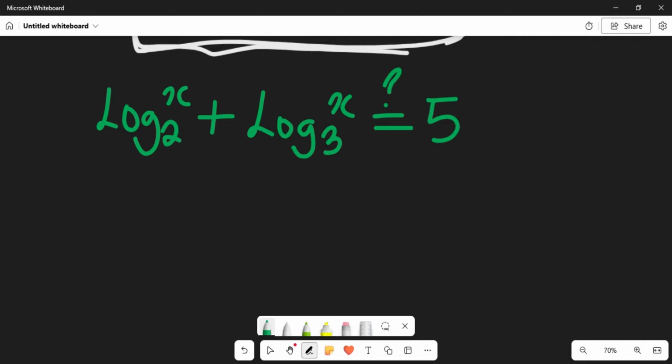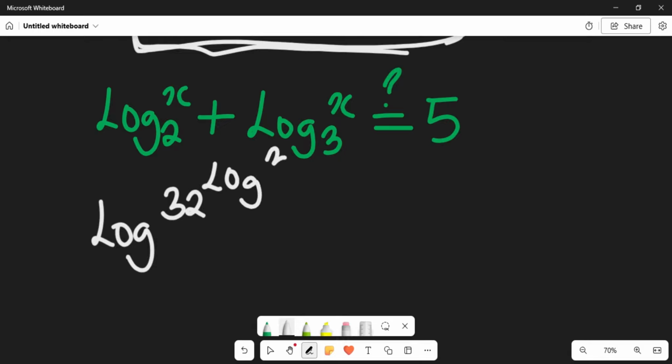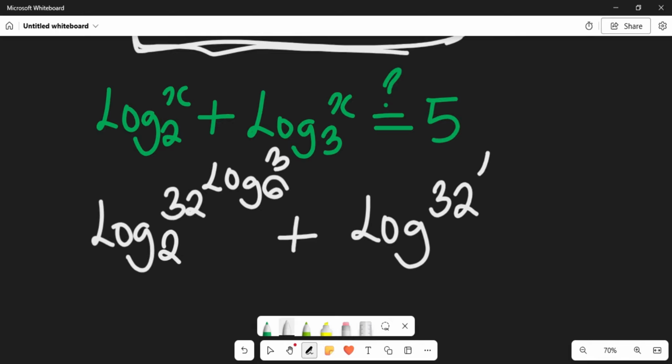If we plug that expression into that, x becomes 32 to the power of log of 3 base 6, all to base 2, plus log of x, which is 32 to the power of log of 3 base 6, all to base 3.